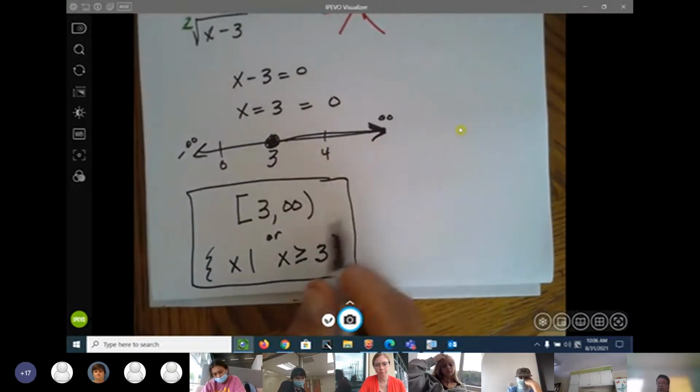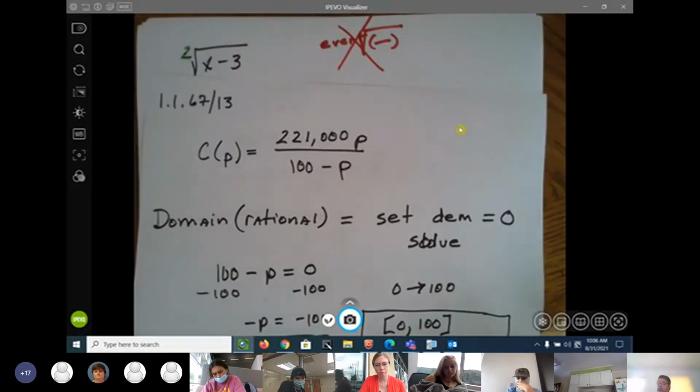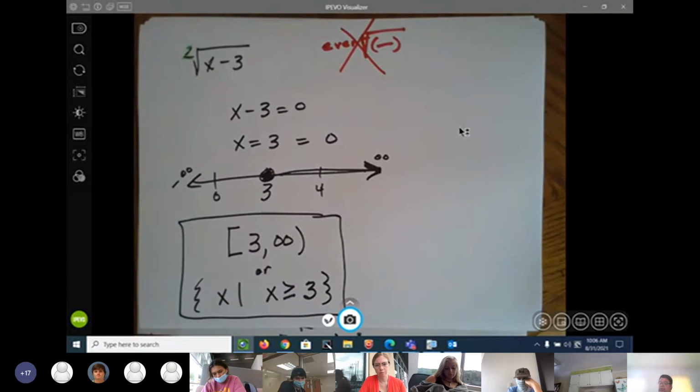Now, why did I show you a radical right after I showed you a rational? Because domain, and I'm going to put this in red. If I put something in red, that means it's important.